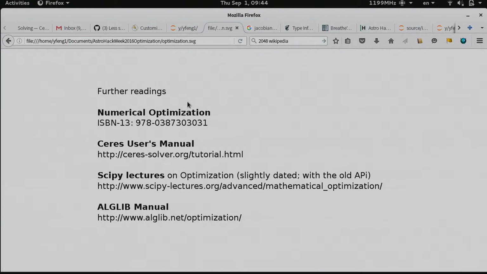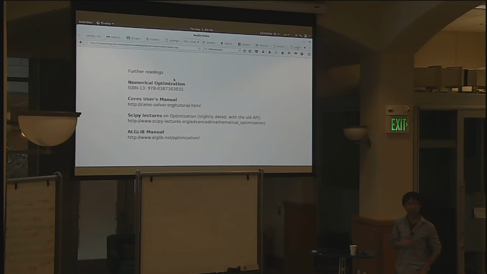And the SciPy lectures on optimization actually provide a table of when to use what algorithms. But the lecture itself is slightly outdated because it uses the old API, though the mathematics there still applies. And also a popular library, NLopt, also has some discussion on when to use which algorithm, or conditioning and fancier, more advanced topics, because there is a lot of black magic in NLopt already. So I think my part is done.